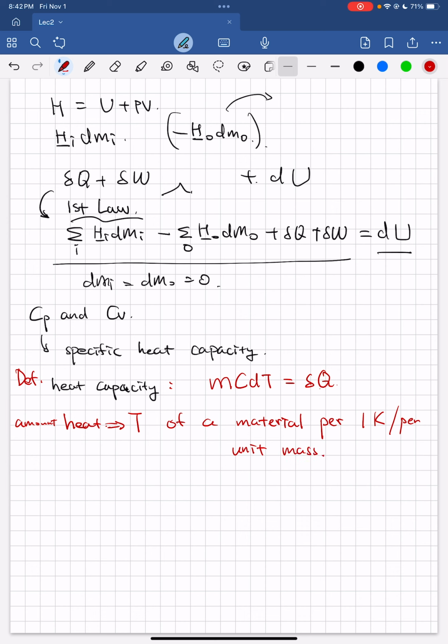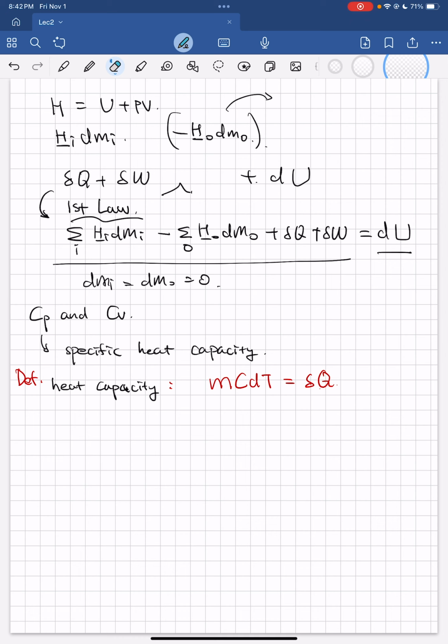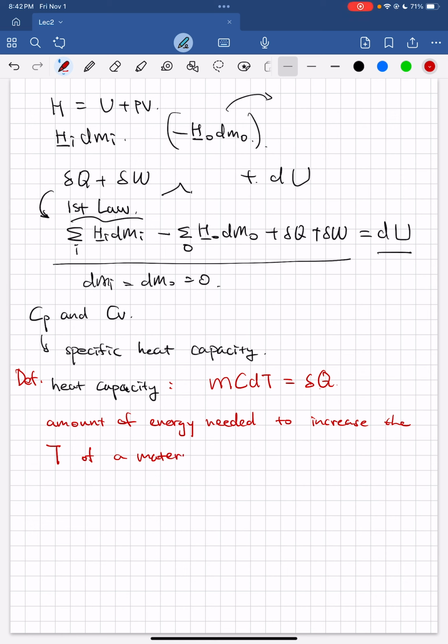So let me rewrite. Sorry, I wrote it in a kind of confusing way. So the definition is the amount of energy needed to increase the temperature of a material by 1 Kelvin.